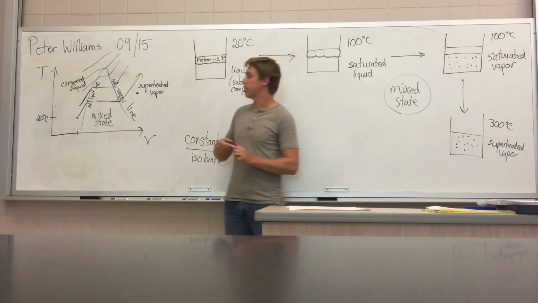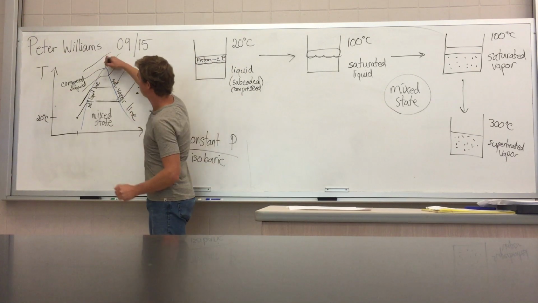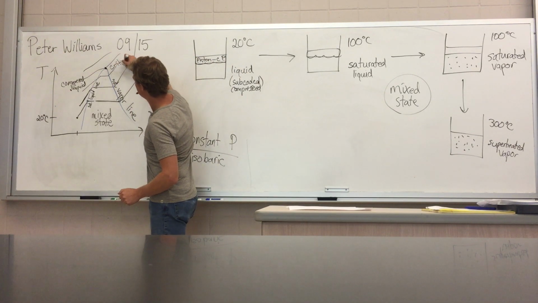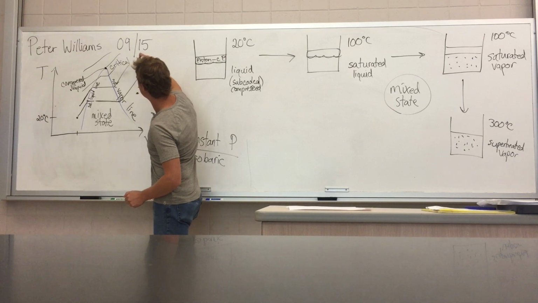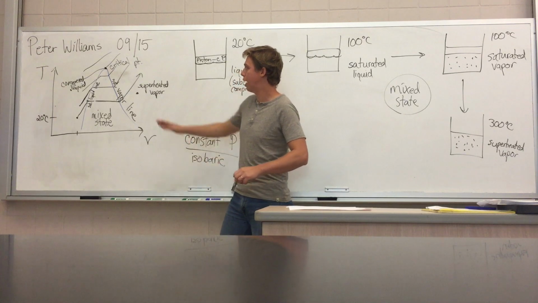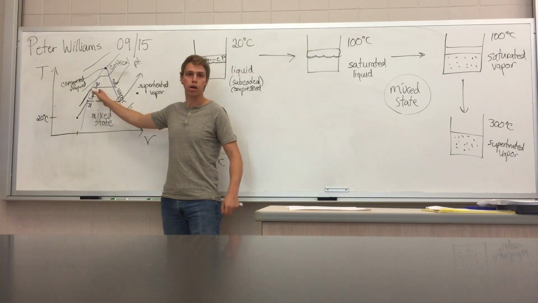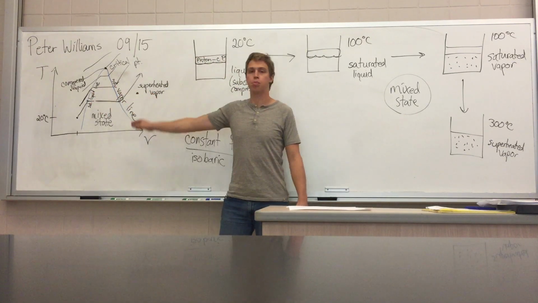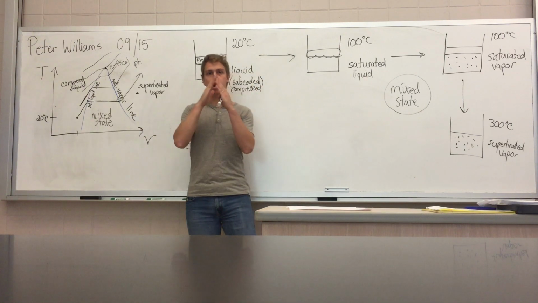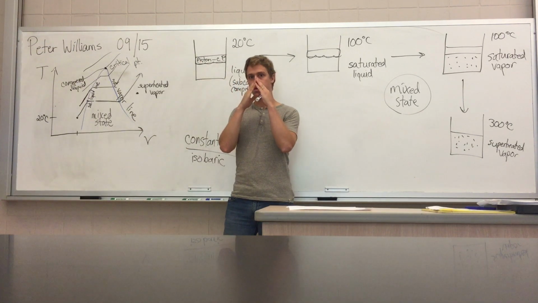But remember, I said we're going to talk about this point. This is a really interesting point called the critical point. At the critical point, look what happens. The saturated liquid line and the saturated vapor line meet each other. They become one point.